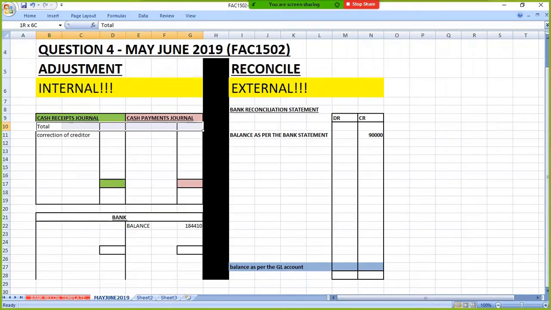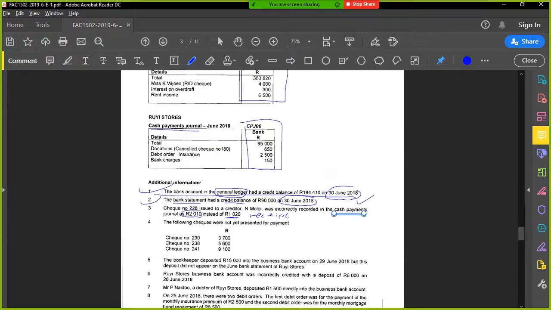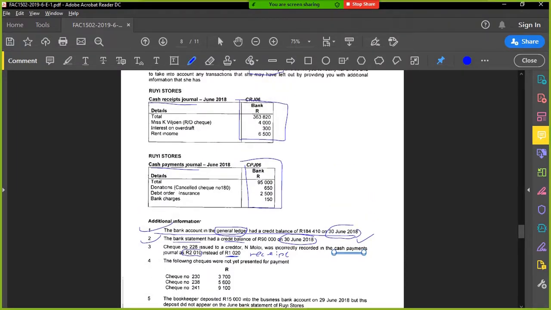No, the total will be from the question, so it's probably going to be one of these amounts. Either this amount, the total, or the actual amount added up. Okay, so I can't put that total. That's not the total. Okay, this is an adjustment. If I read the question, remember, who made the mistake? We made the mistake. If we made the mistake, we've got to fix the mistake.